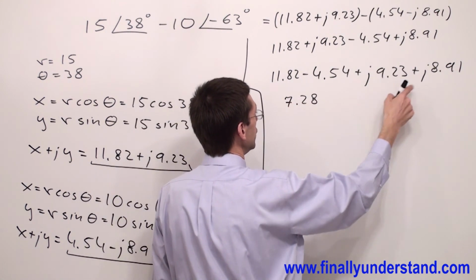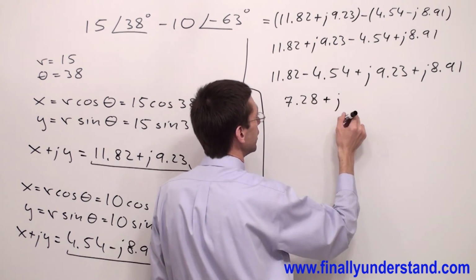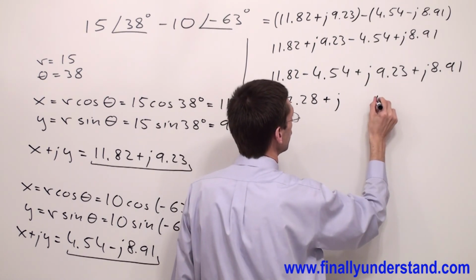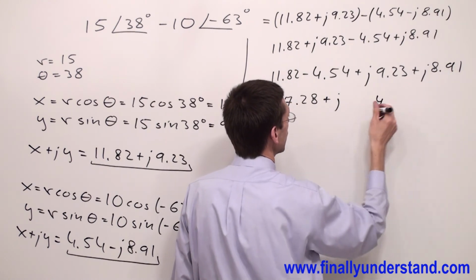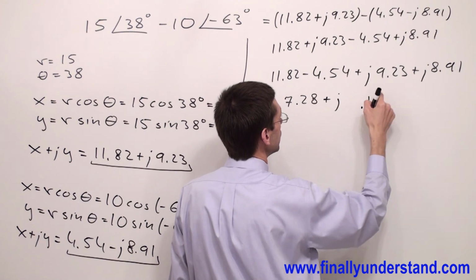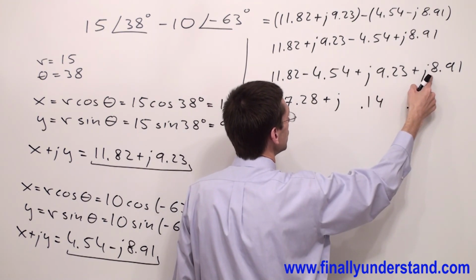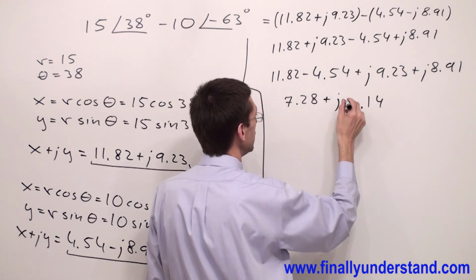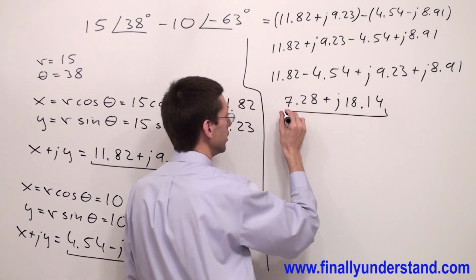If I want to add these two, I'm going to have plus j, and I have 3 plus 1 is equal to 4, 2 plus 9 is equal to 11, that's why I'm going to write 1, and we have 9 plus 8 is equal to 17 plus carry of 1, which is equal to 18. And I can say this is the solution to my problem.